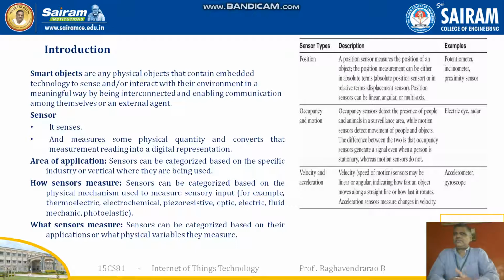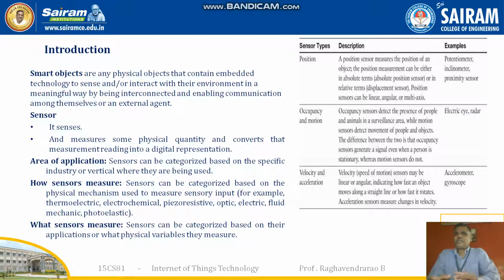Here I can give some examples. Take the Google car, if you want to consider. If there is a hump within 5 meters of distance, at that time the sensor is going to sense that particular hump, and it should immediately give that information to the fog layer.